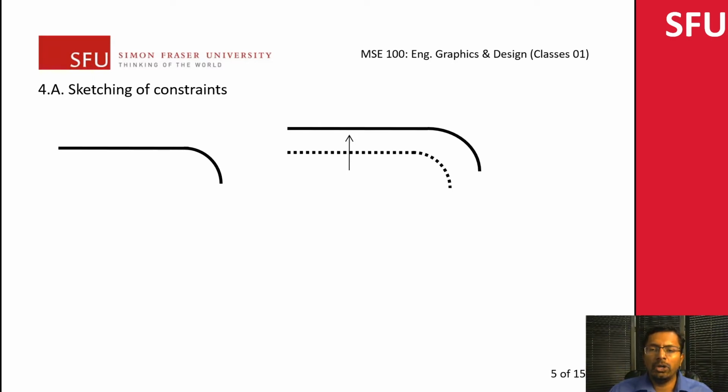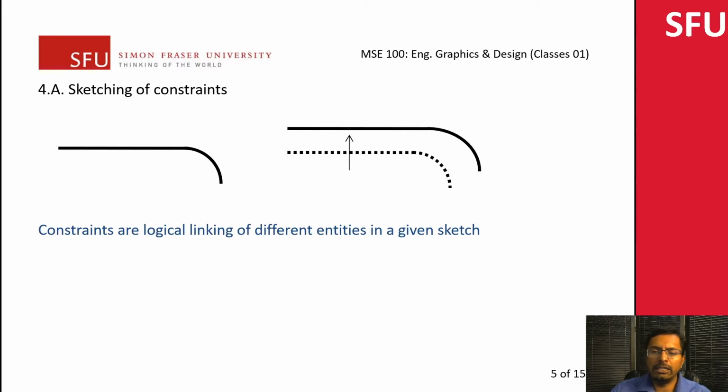So in this case, what you do is have a way of linking or ensuring that this edge of this line is always coincidental with the end of this arc, or any other combination you can do. So essentially, constraints are logical links between different entities in a given sketch. There are different constraints you can do.